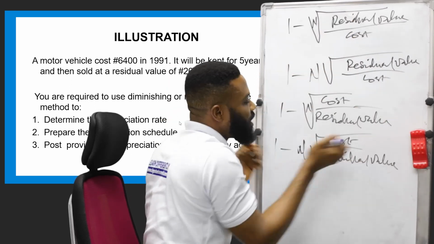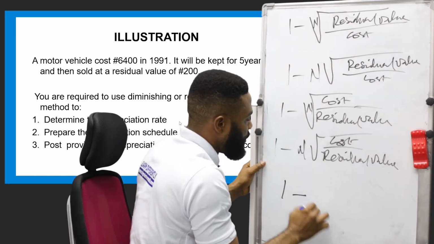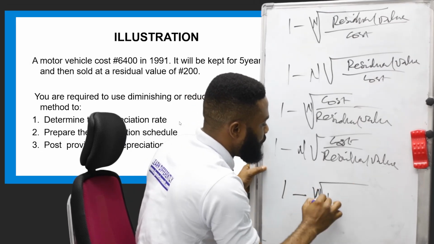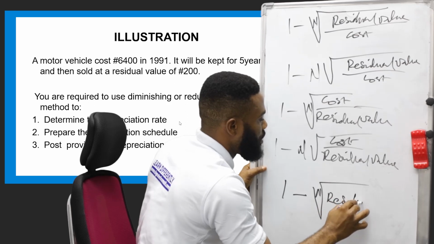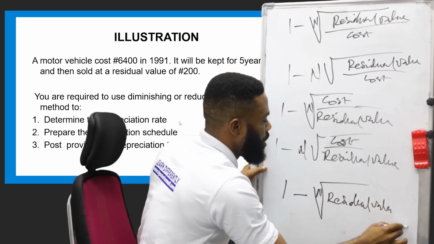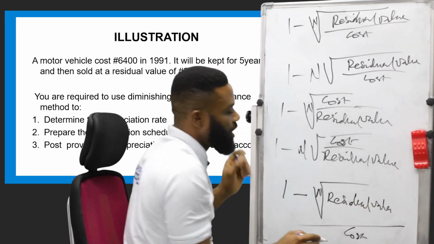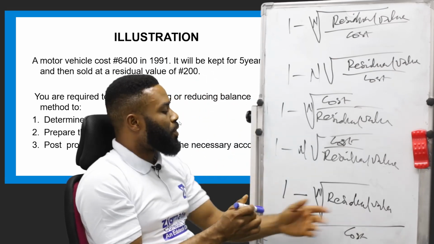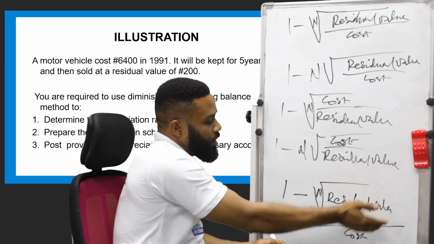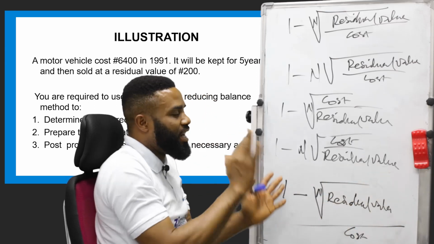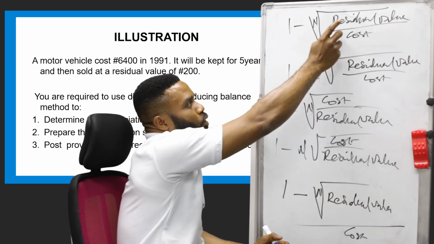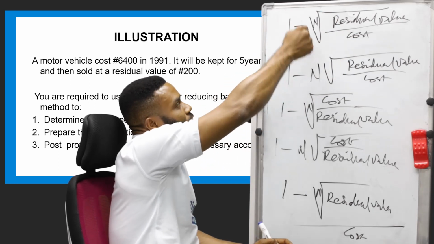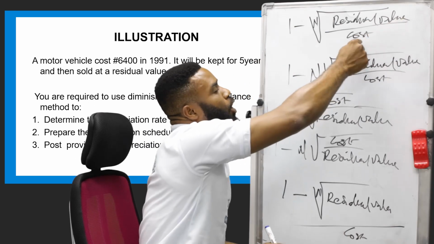This root is not written like 1 minus n root, residual value, all over cost. It's not written like this. This is something very different in mathematics. If you have n root residual value all over cost, it will give you a different figure. This is what we are working with: 1 minus the n root of residual value all over cost.